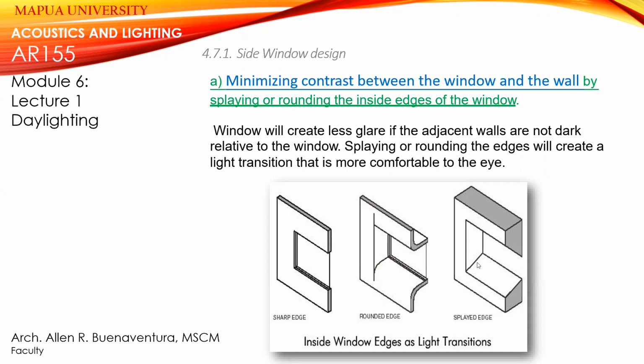They put splayed edges. You can see this in Le Corbusier's building, where he put splayed edges to create more efficient daylighting inside the church. They also use round edges in some of the buildings, as you can see in the drawing.